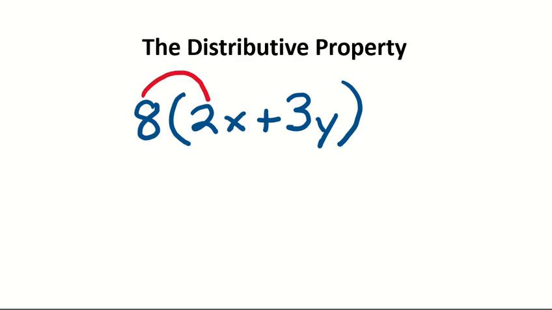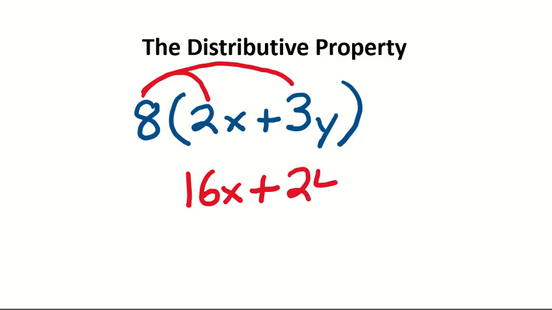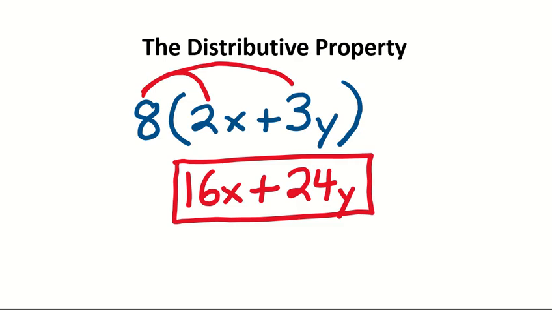So we have 8 times 2x is going to be 16x. And because this is the distributive property over addition, we'll bring down our addition sign and distribute the 8 to 3y. And 8 times 3 is 24, and then we just attach the y to it. And just like that, folks, we have rewritten this expression using the distributive property.